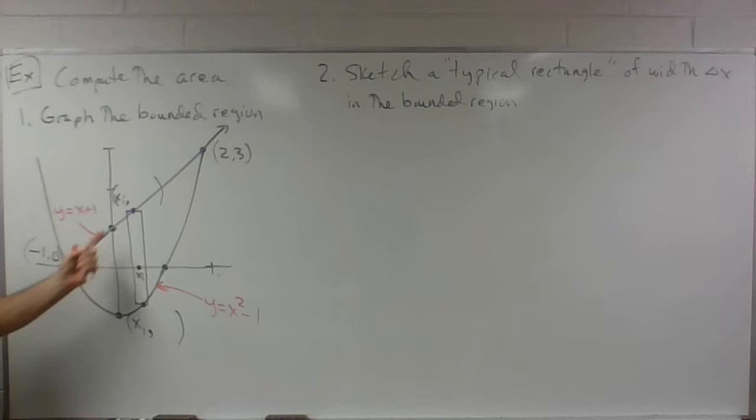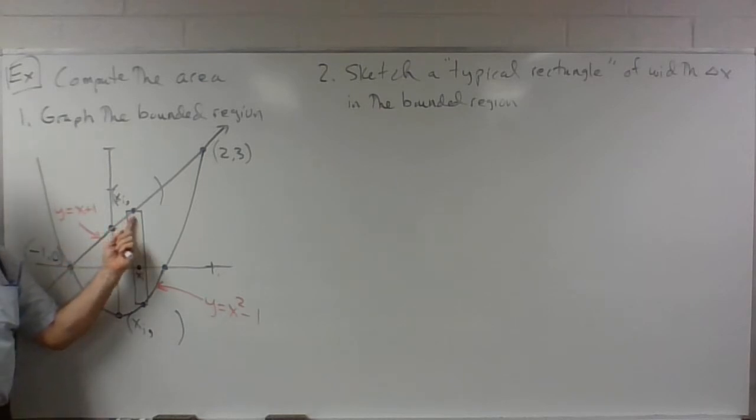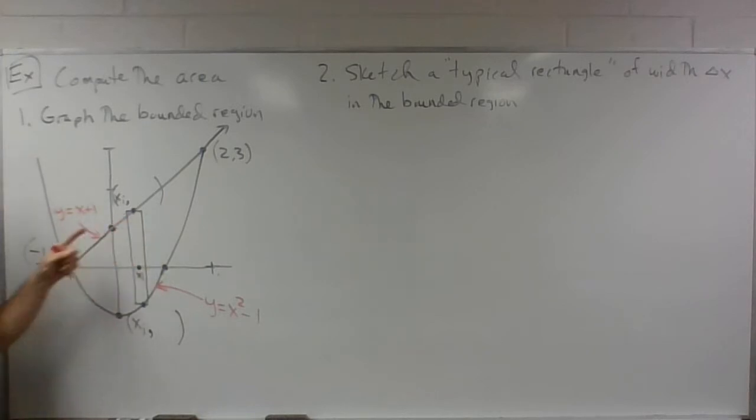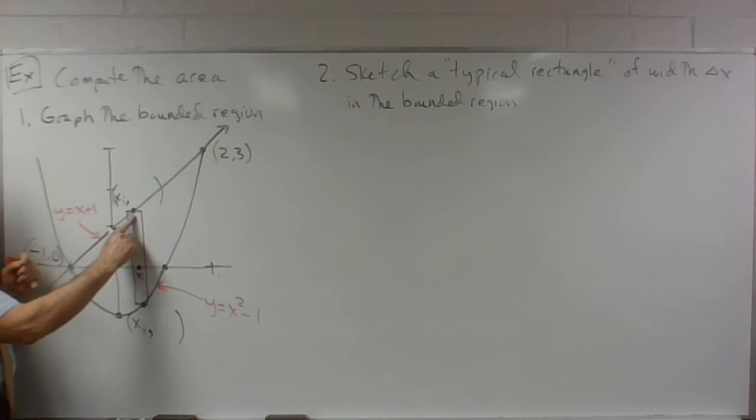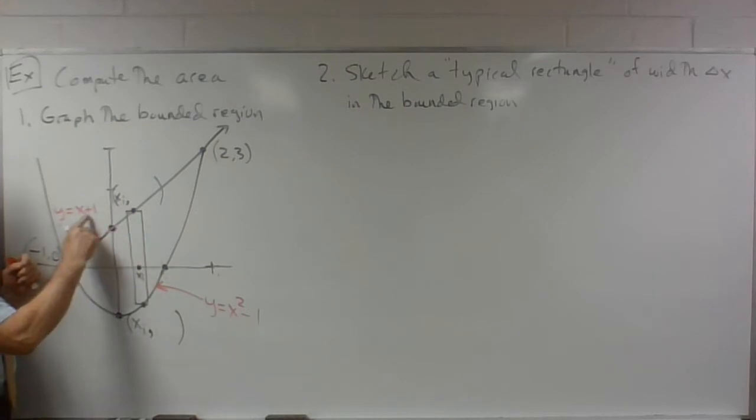Now, what is the y-coordinate of this point? Well, this point is a point on the line whose y-coordinate is the x-coordinate plus 1. So the y-coordinate of this point is going to be x sub i plus 1.